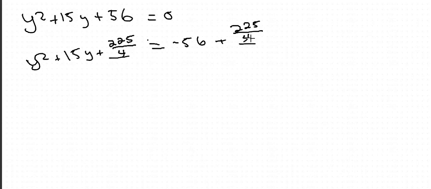So then the one on the left is a perfect square trinomial: y plus 15 over 2 squared equals... would you change that to a mixed number and subtract?